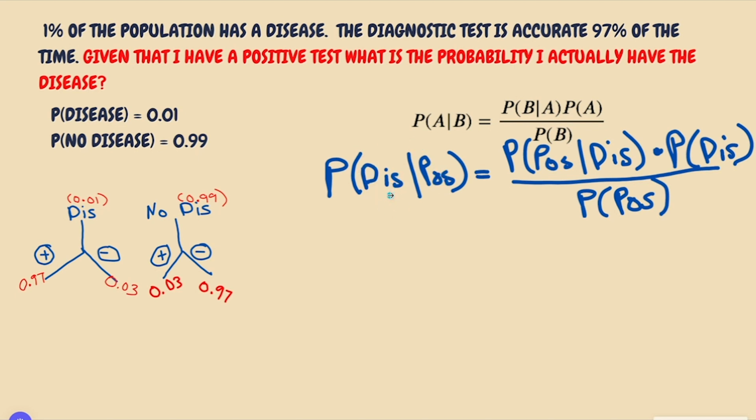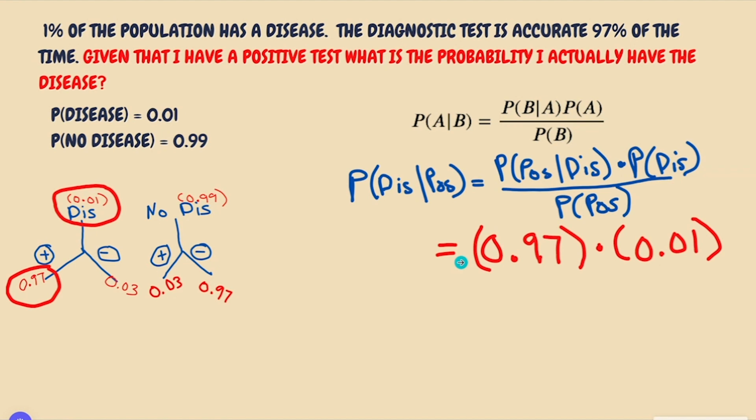So I'm trying to solve for the probability of having the disease given that I test positive. That's going to be equal to the likelihood, which is going to be the opposite. So that is the probability given that I have the disease that I test positive times the probability I have the disease divided by the probability that I test positive. And there are two scenarios that I can test positive.